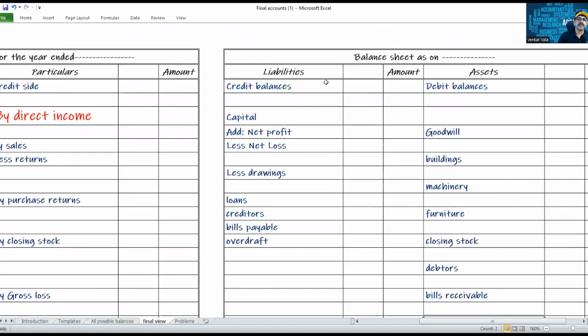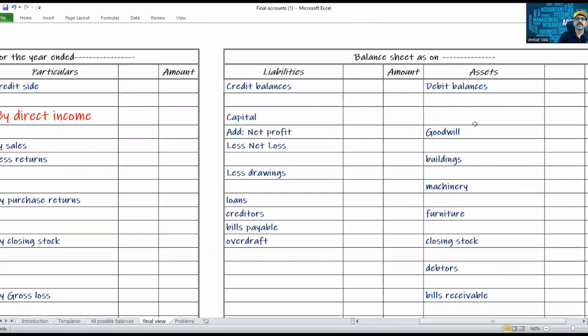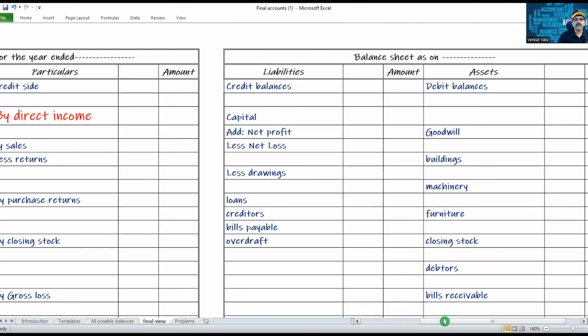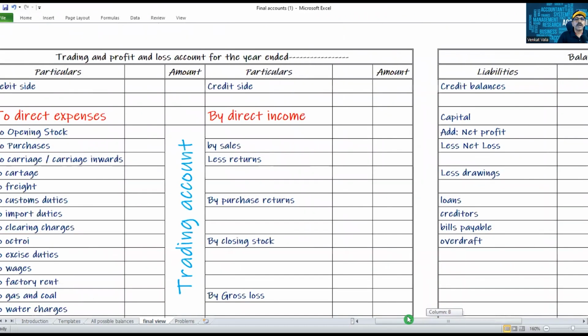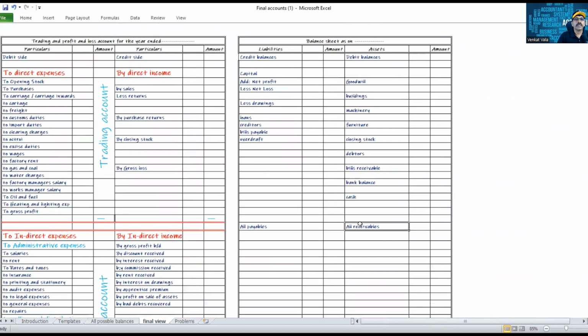So in short, on the liability side we consider all payables, and on the asset side we consider all receivables. This is how we transfer the balances provided in the trial balance to the trading profit and loss account and balance sheet. Hope you are ready to solve the final accounts problem.